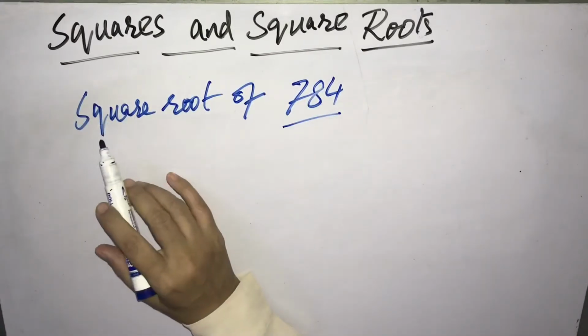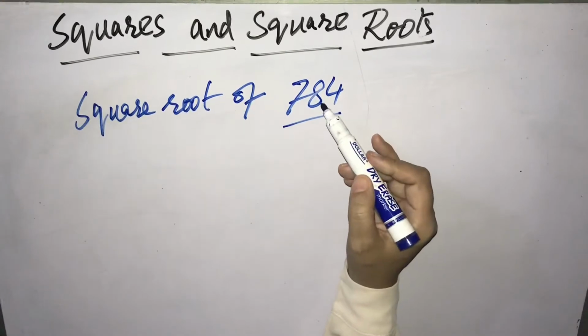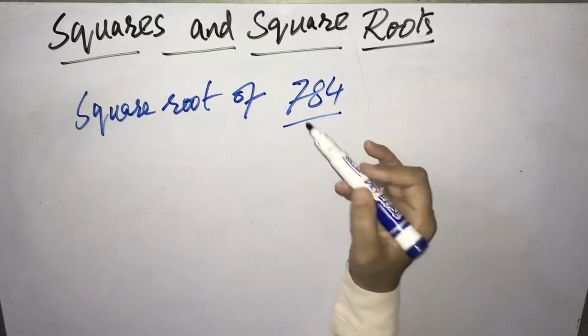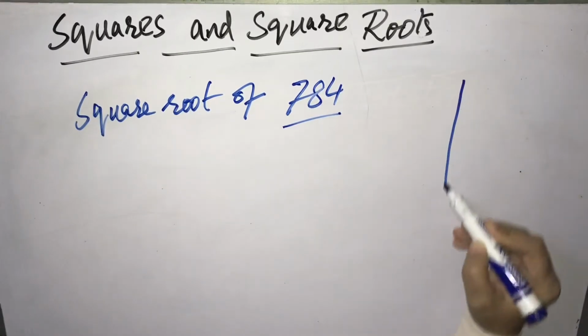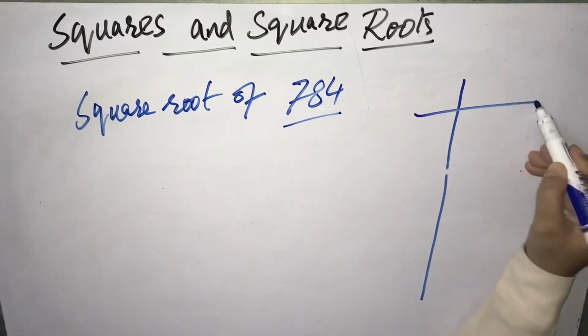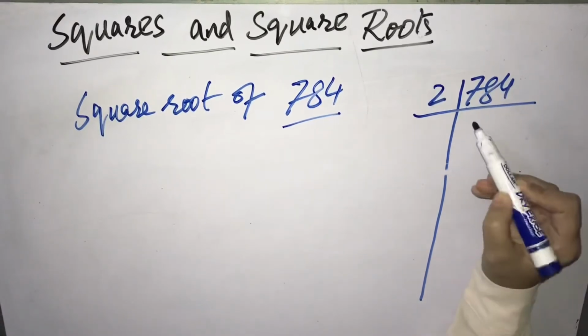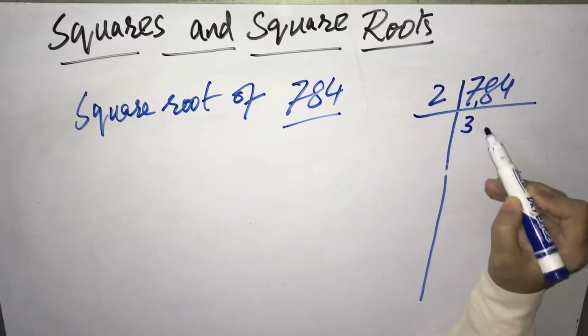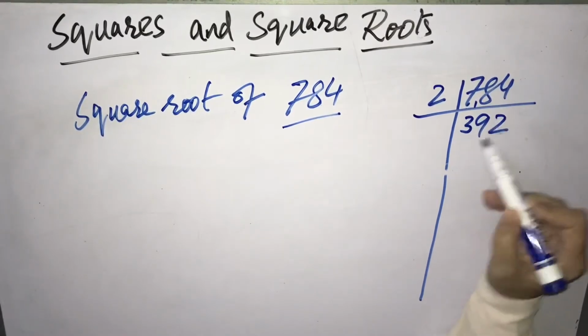If we have to find the square root of 784, from this number it's difficult to find that number whose square is 784. So what we are going to do, we are going to make the ladder of 784. We shall have prime factors like this: 2 3s are 6, 2 9s are 18, 2 2s are 4.